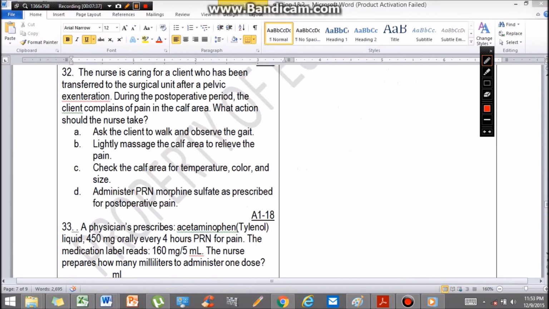Next, a nurse is caring for a client who has been transferred to the surgical unit after a pelvic exenteration. During the postoperative period, the client complains of pain in the calf area. What action should the nurse take? So the client is complaining of calf pain, which may indicate a possible DVT, right?